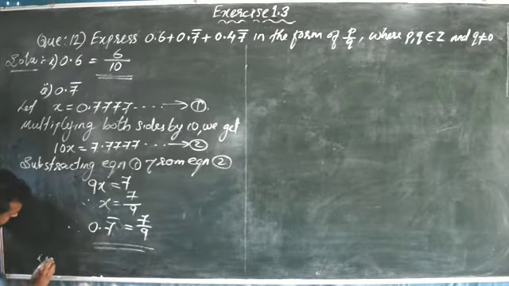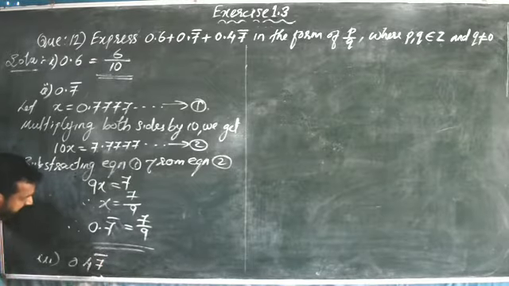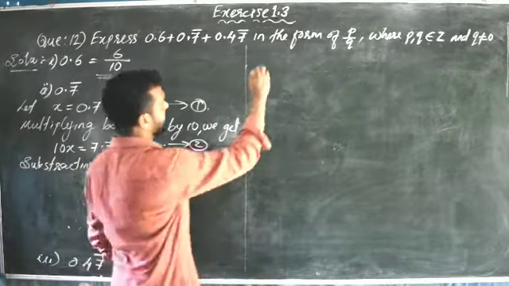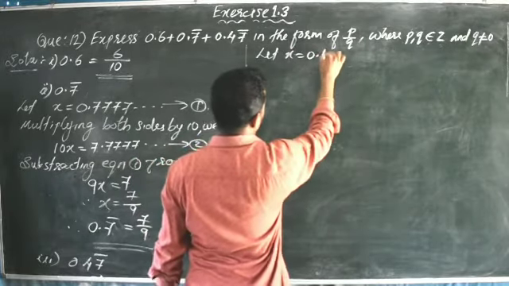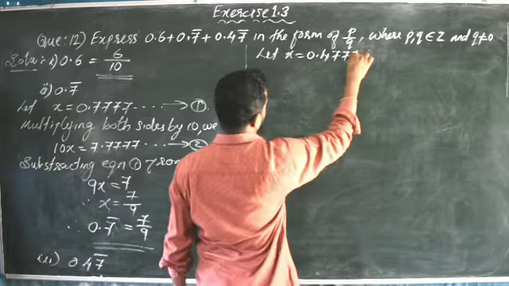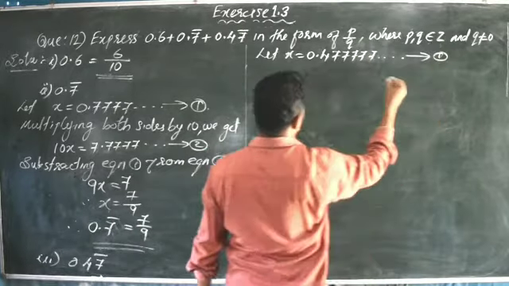The third one is 0.47 bar only. That also we will take in the same way. Let x is equal to 0.47 bar, so only the 7 is repeating: 7, 7, 7, etc. That we will write as equation 1.